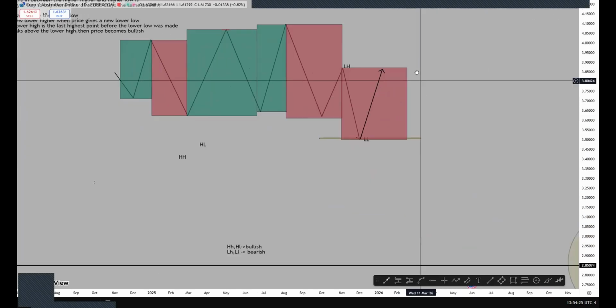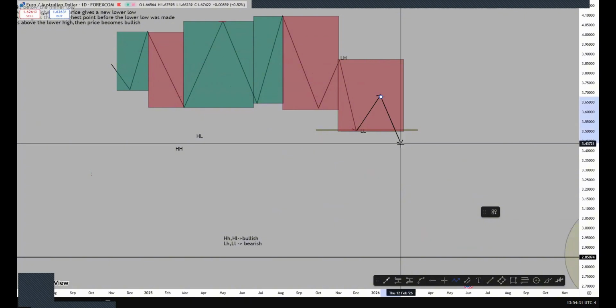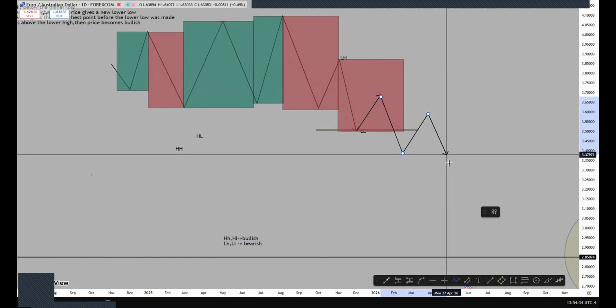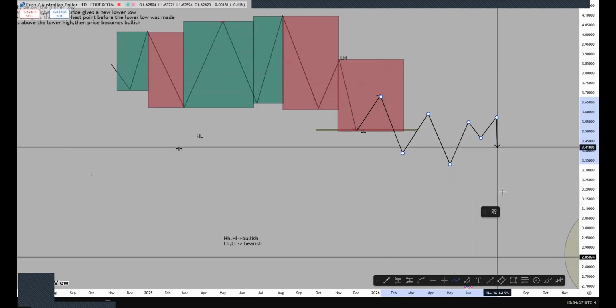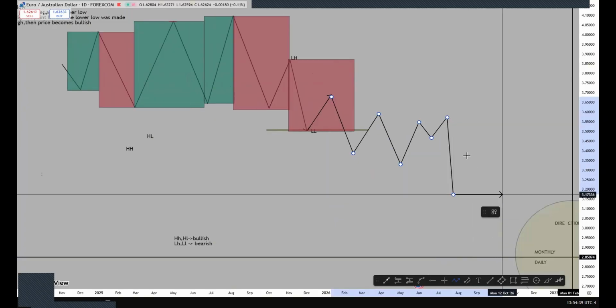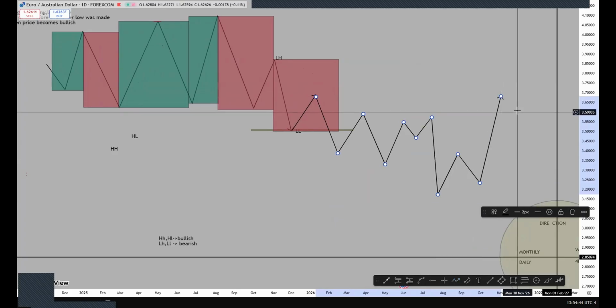See? So from here, price can continue printing lower lows, lower highs, lower lows, maybe even this kind of structure, then still a lower low, you see? And then price makes this first.